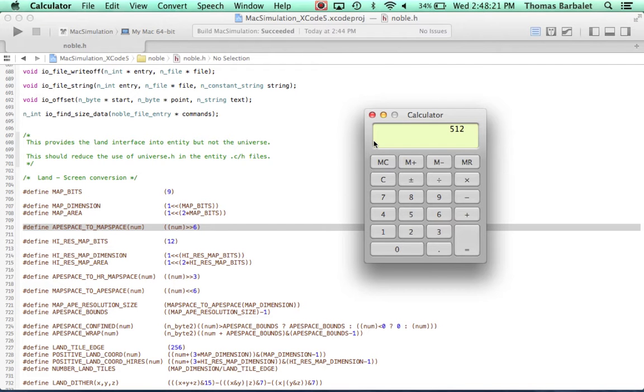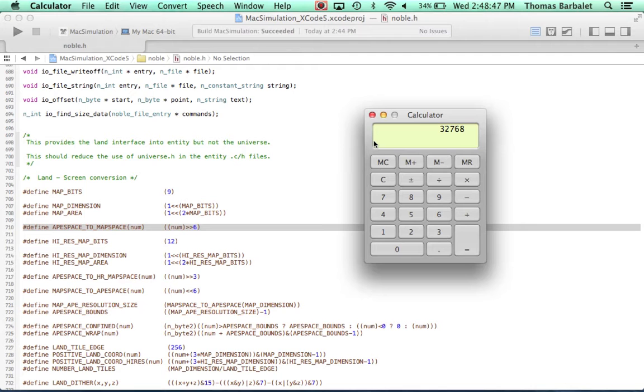So this is the map space, and then you have the bilinear interpolated space. And then you have the ape space, which would be 512 times 64.